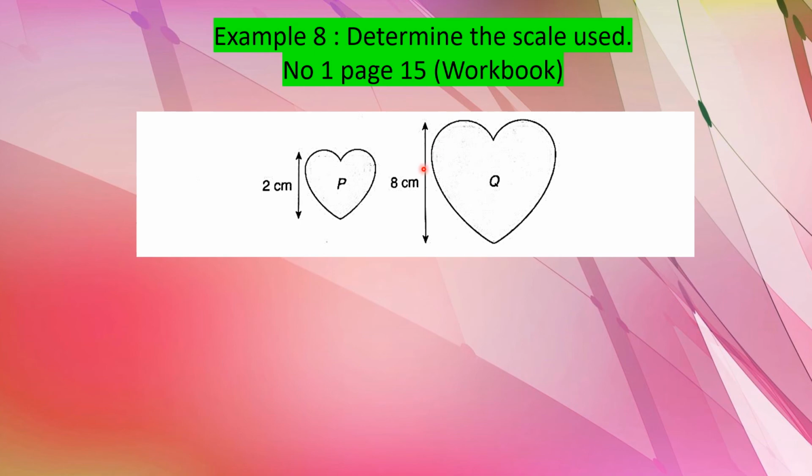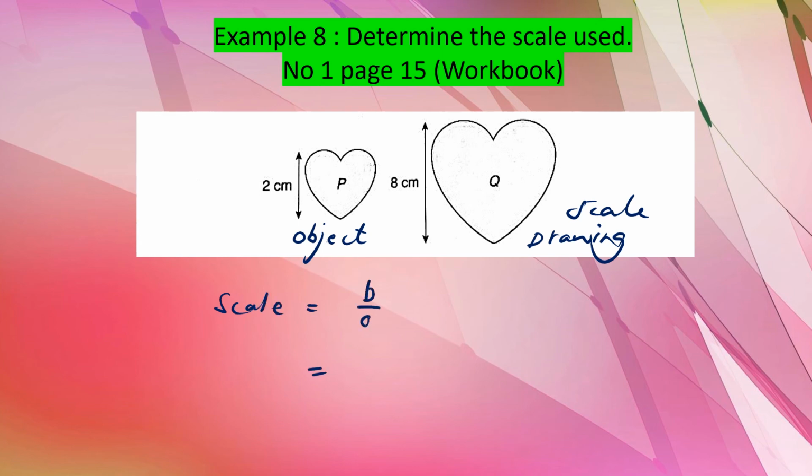Example 8, determine the scale used. This is from your workbook, number 1, page 15. Sorry, I forgot to write which one is the object and which one is the drawing. P is the object, while Q is the drawing. According to the formula, scale equals drawing over object, so you choose the side of the drawing, 8, and divide by the side of the object, 2.